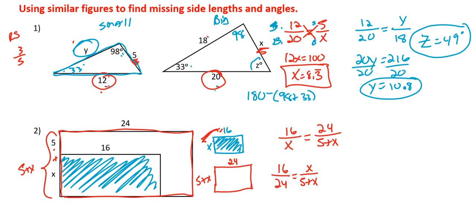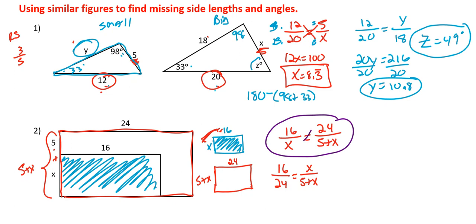I'm only going to write it one way, but just because you wrote it differently doesn't mean you are necessarily wrong. You probably will get the same answers because there are 3 different ways you can write most of these proportions. So I'm going to stick with the one that I started with up here.